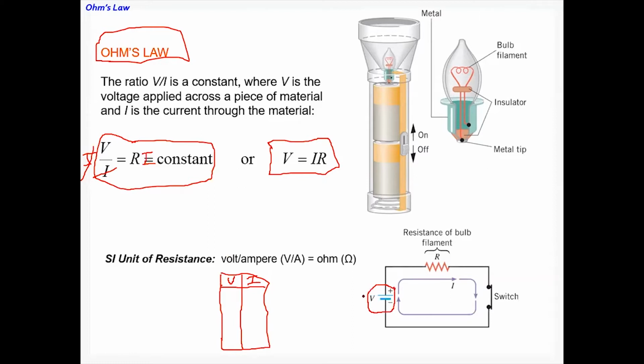Suppose in the beginning your voltage is 2 volt and the current is 1 mA. Later you have to change it to amps. So when you have a 2 volt battery here, the current here is 1 milliamp. If you increase to, let's say, 3 volt, what will happen? Your current will increase to, I don't know, 1.5 milliamp.